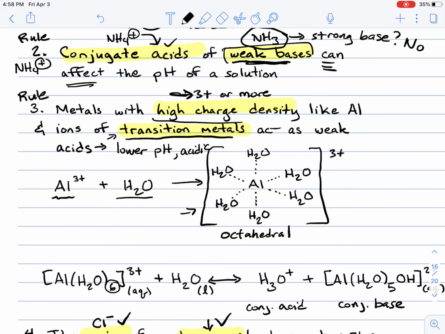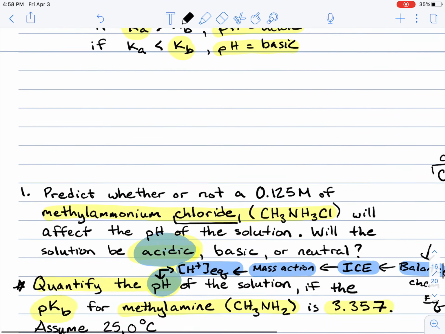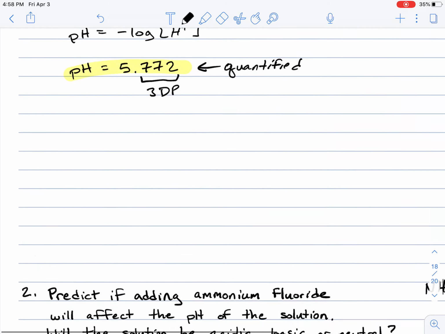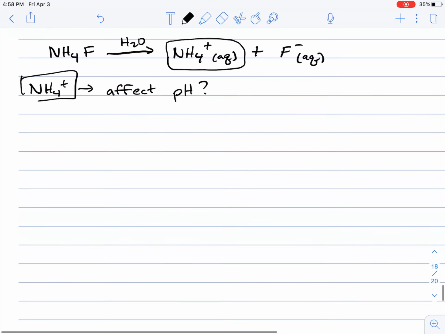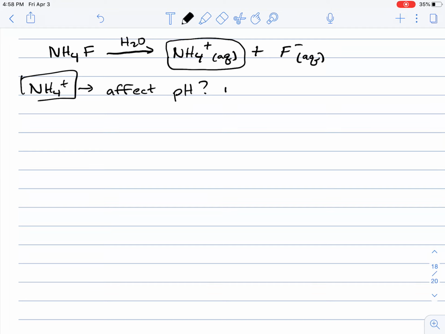Okay. And so it fulfills that brief. And so we're going to go ahead and say that NH4+ is going to affect the pH, yes. And we're using rule 2 for that justification.